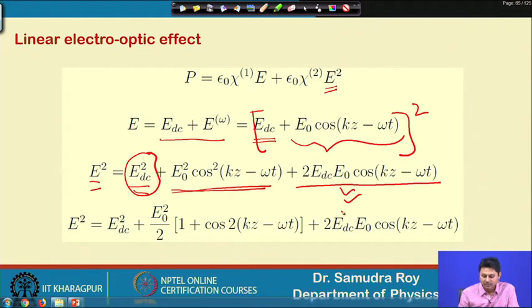This term not only contains DC, but it is coupled with the original electric field E0 cos(kz minus omega t). So, that means if DC is there, the original field is coupled with that. This is an independent term, no DC is there, but there is a coupling term, and this coupling term basically gives rise to the linear electro-optic effect.